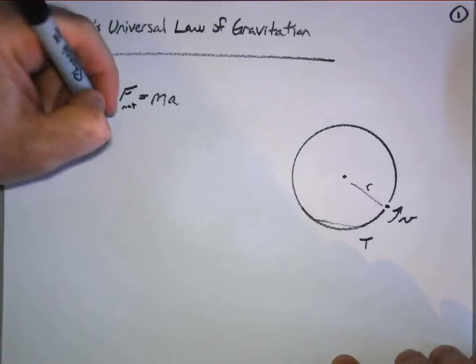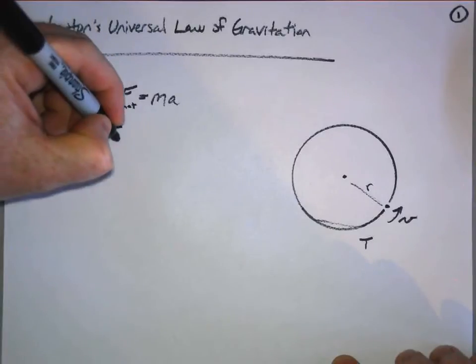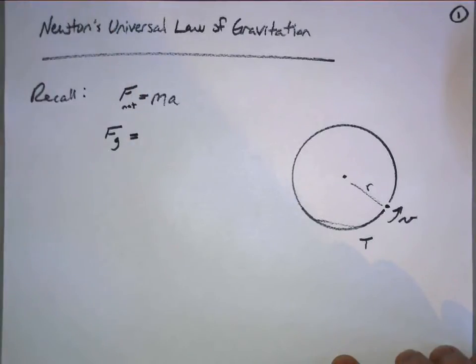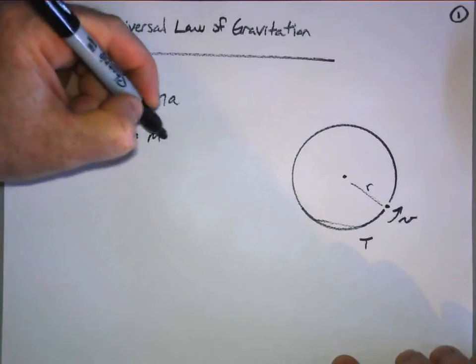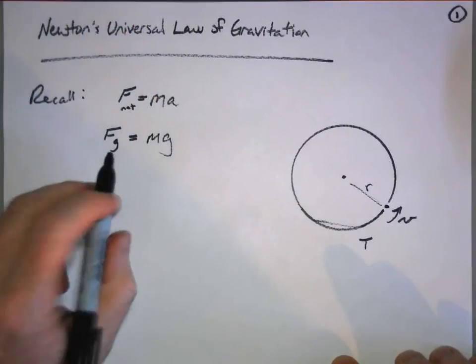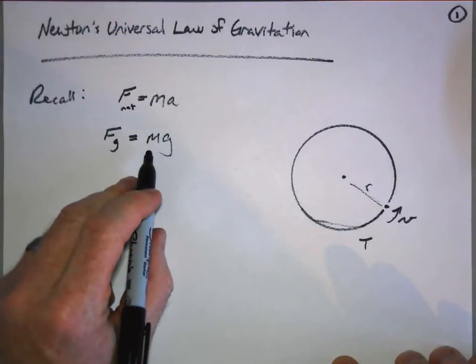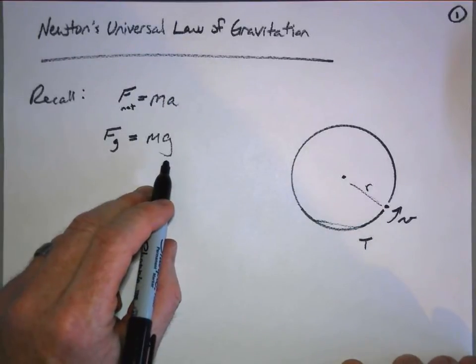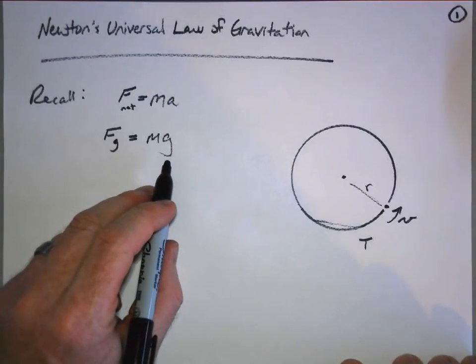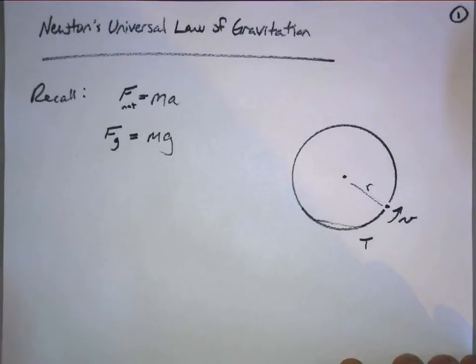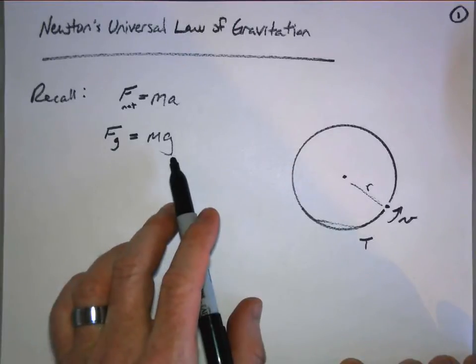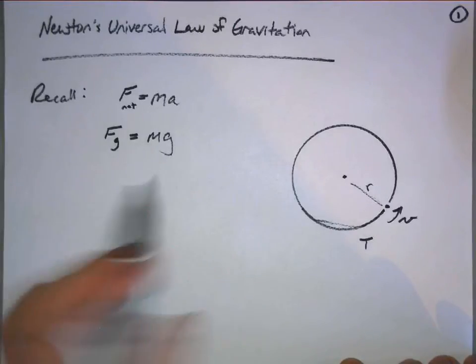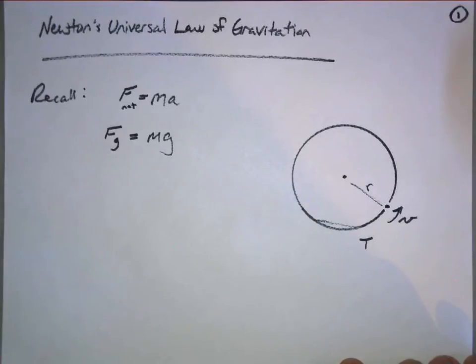Well, using Newton's second law to find the weight of an object, the force of gravity acting on an object, we simply said that force of gravity is equal to the mass of the object times gravitational acceleration, or you could say the acceleration due to gravity. But Newton actually didn't write it this way, at least not at first. We're going to see later on why g is 9.8, but we're not going to get into that right now.